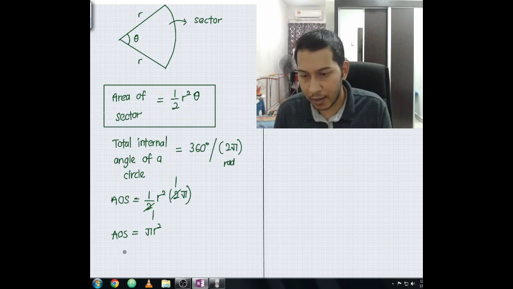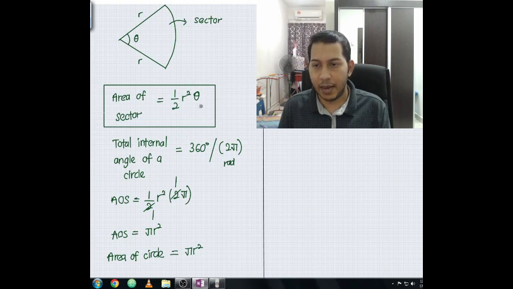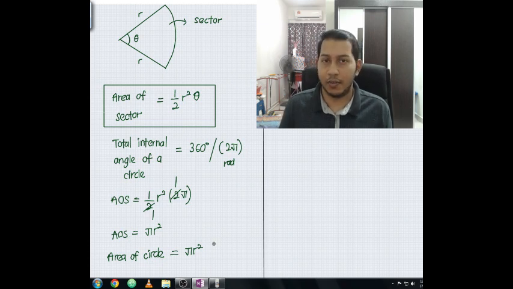So this way you get the area of circle through this method. Your area of circle is equals to pi r square. Basically you apply the area of sector, you apply the total internal angle of a circle and substitute in, and that's how you get the area of circle.